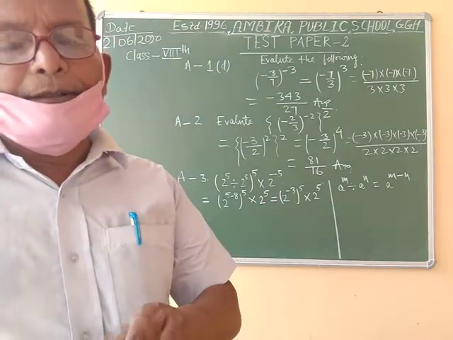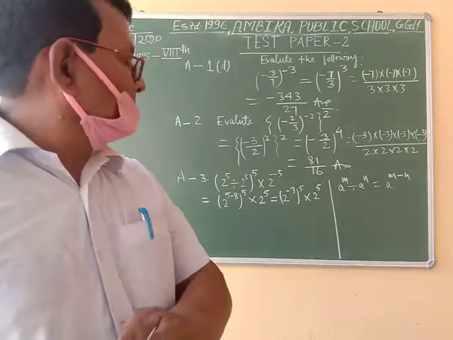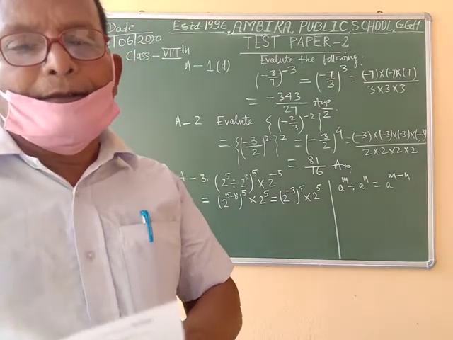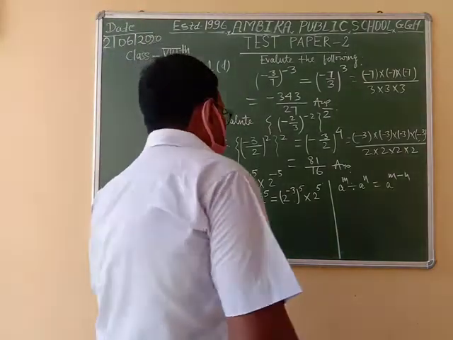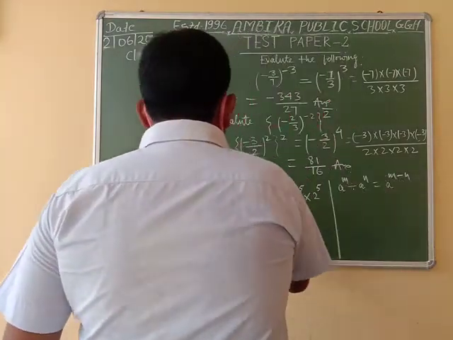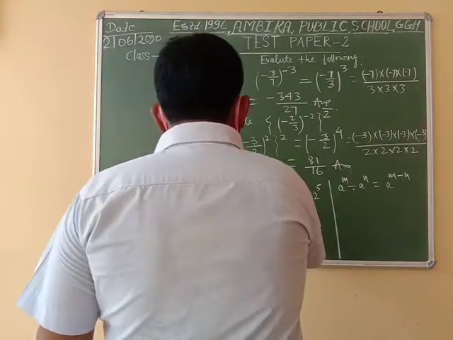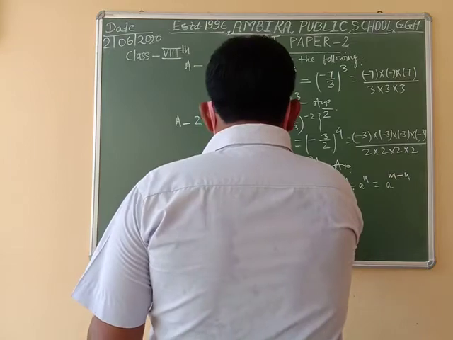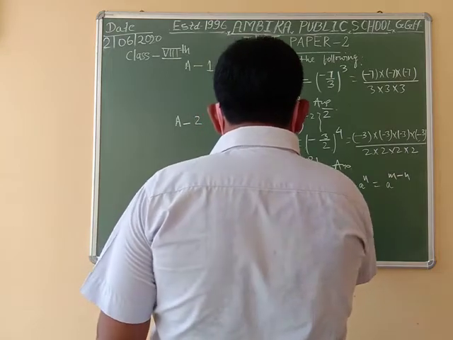3 number question. 1 by 2 to the power 20. 2 to the power 5 minus 8, whole to the power 5 into 2 to the power minus 5.